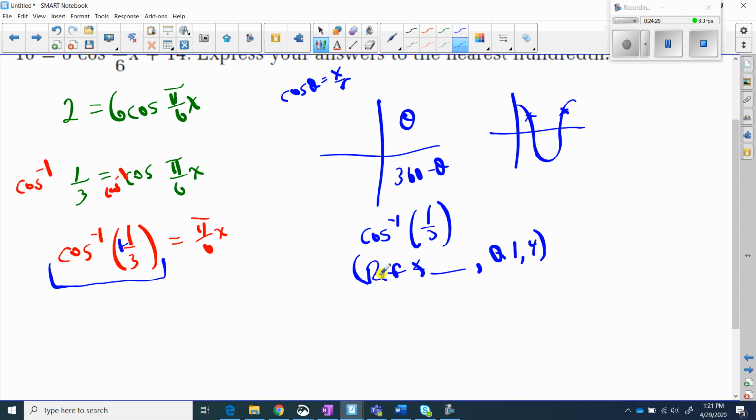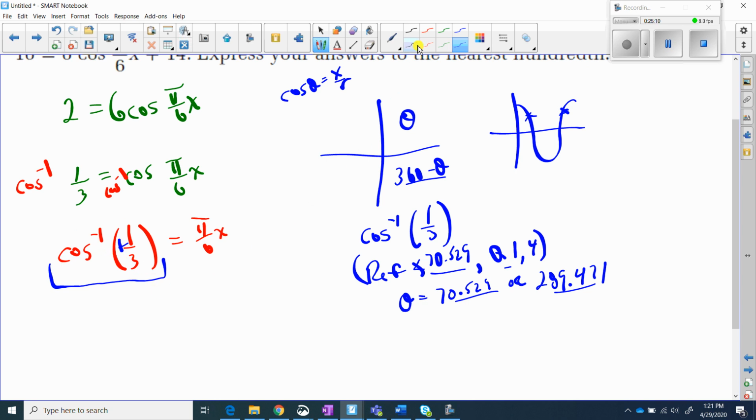Let's go 70.529 just to keep things more accurate. 70.529 in quadrant 1, so that's one possible answer. So theta could be 70.529, or it could be 360 take away that reference angle, which would be 289.471. So these are the two possible values of angles associated with this expression.